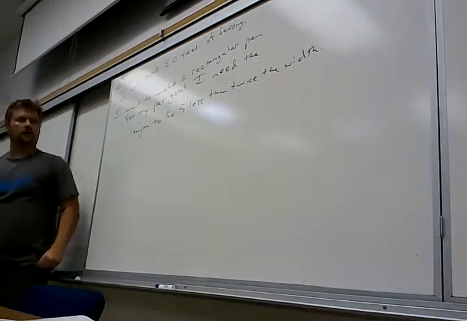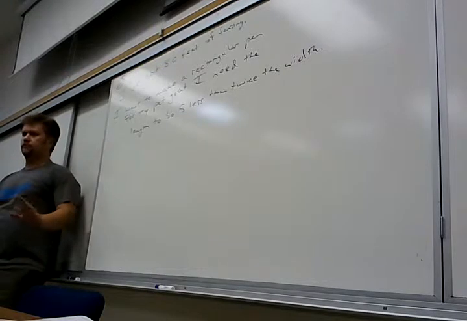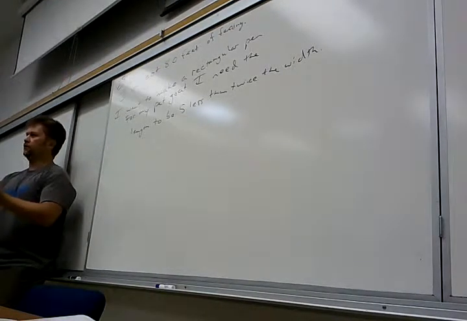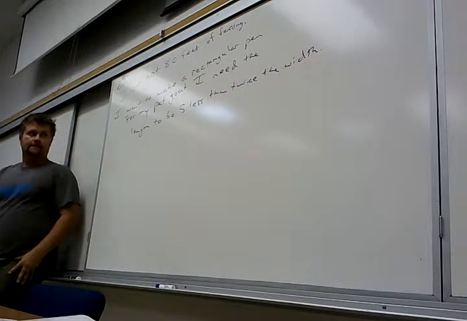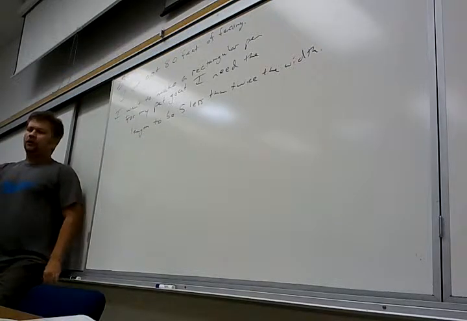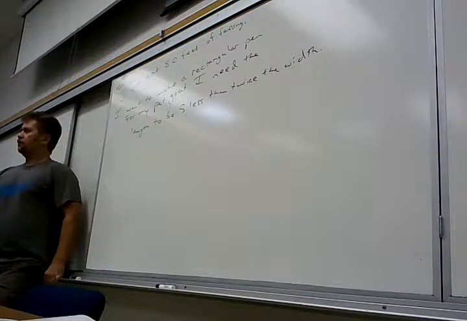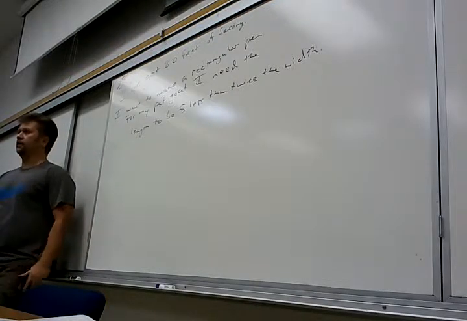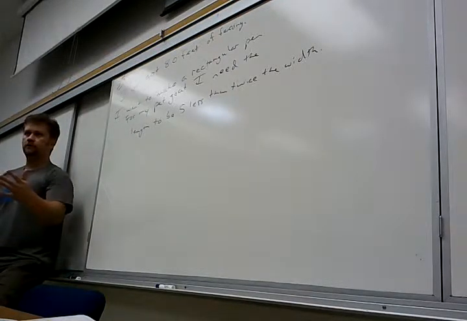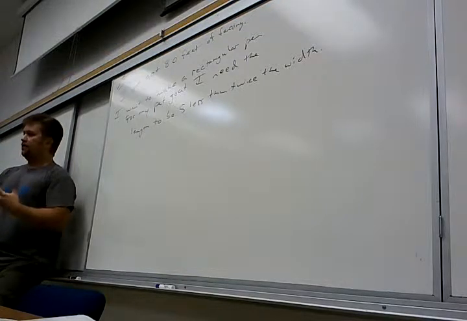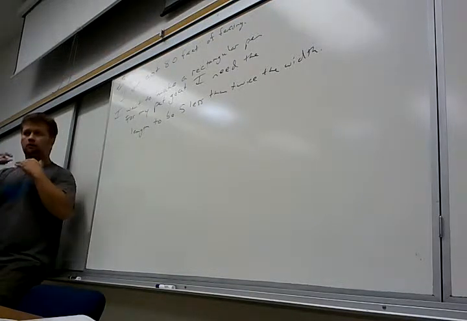Now right here is normally where you would kind of tune out. What I'm really trying to get you guys to do is realize you want to break it down into parts. You're not supposed to be able to just jump to the equation right now. Somebody might be able to, but it's not that easy. You want to do it part by part.